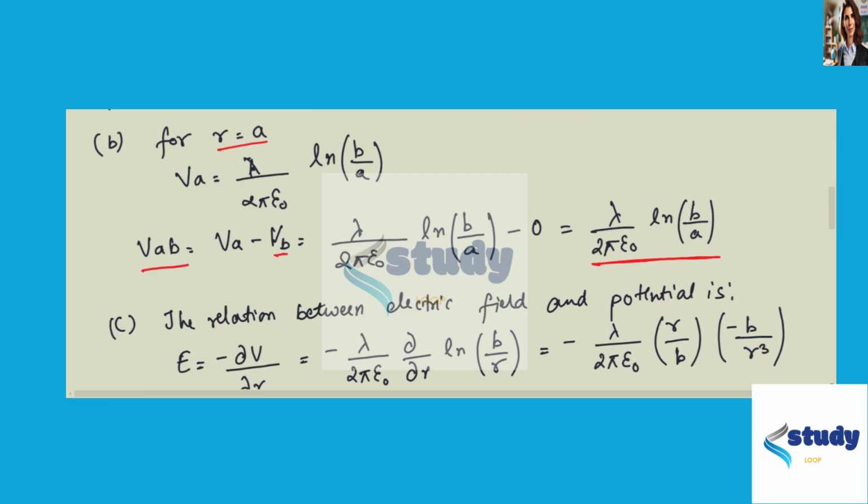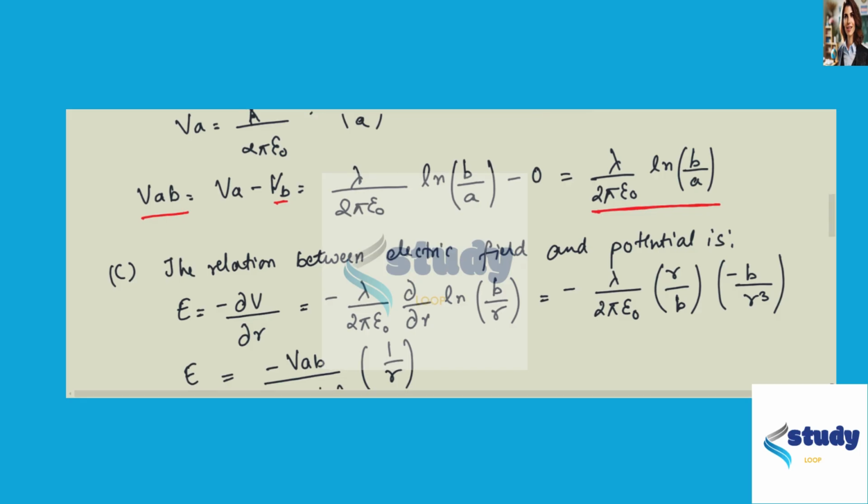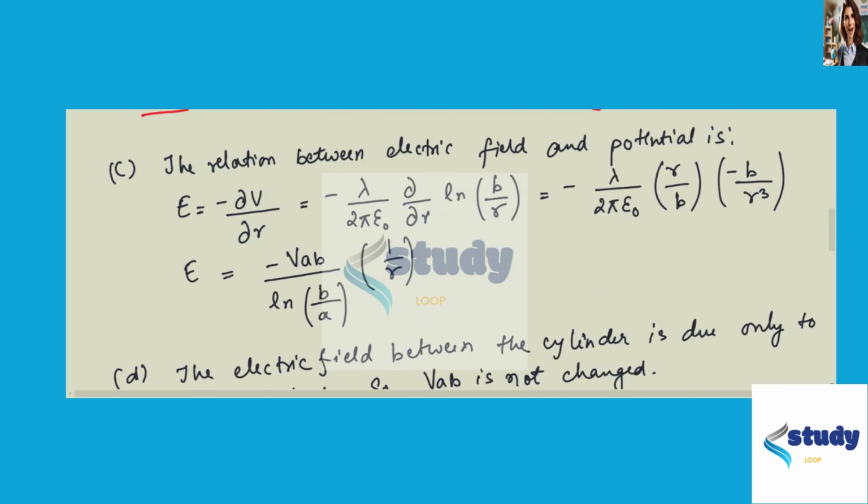Now the relation between electric field and potential: E is given by minus del V upon del r. So it will be minus lambda by 2 pi epsilon naught del by del r of ln b by r. This will give us minus lambda by 2 pi epsilon naught times r by b into minus b by r squared.